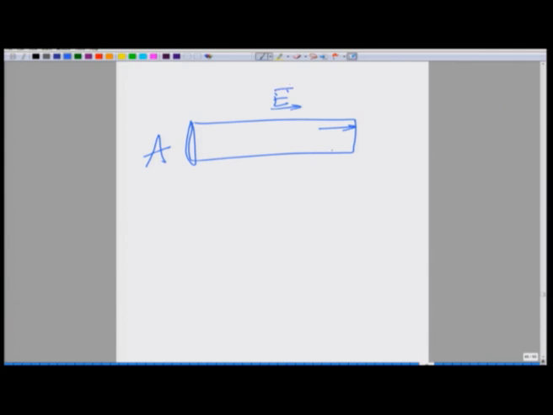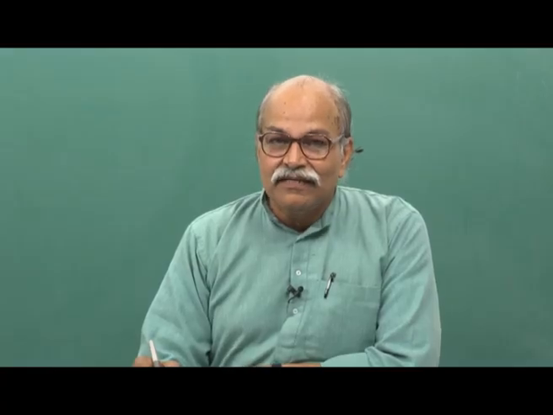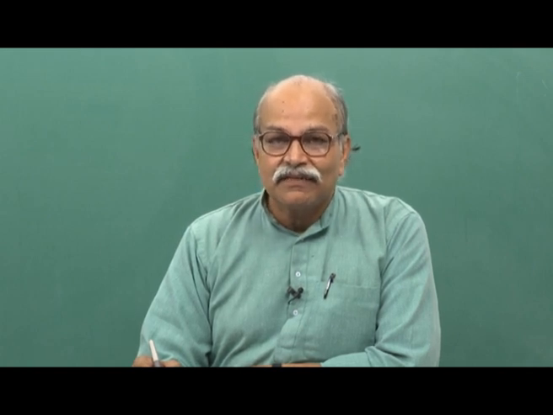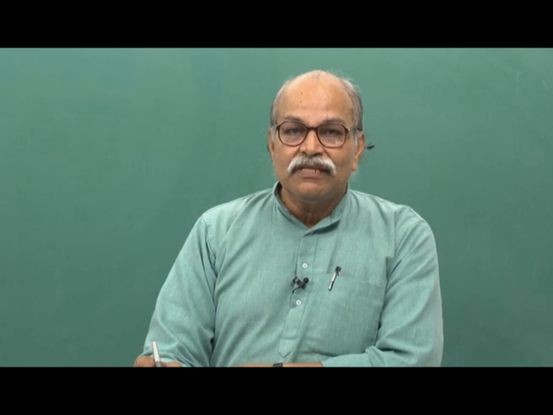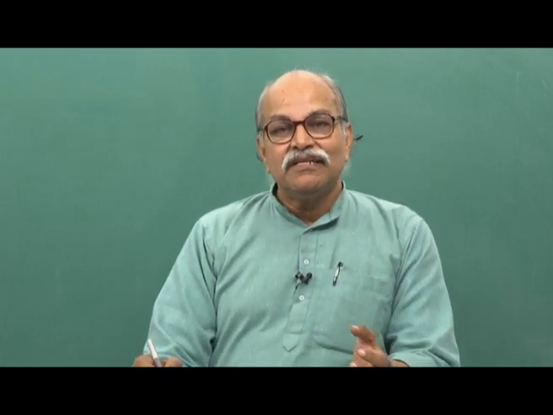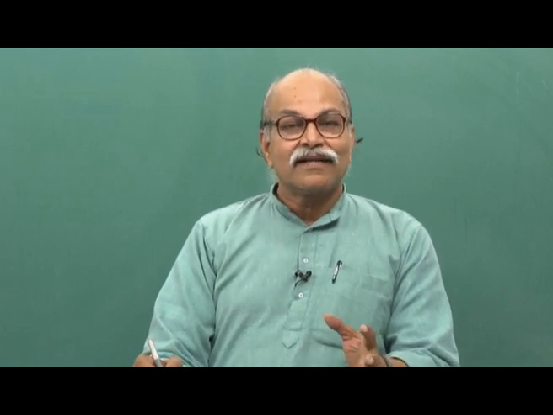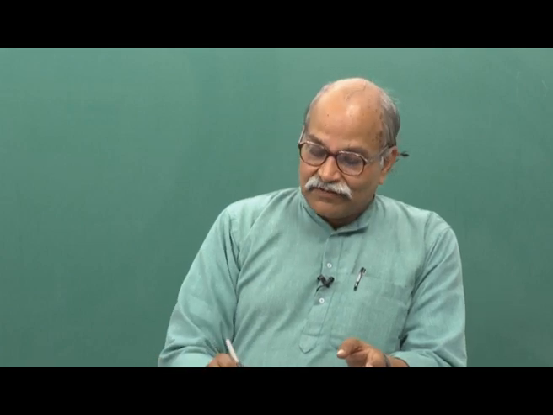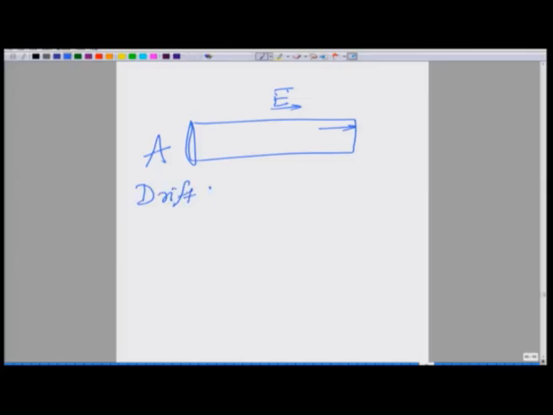You have conduction electrons in a metal, and these conduction electrons move here and there in random directions with random velocities, but once this electric field is there, a systematic velocity is imposed on that random motion, which we call drift velocity, and this drift velocity V d is proportional to the electric field.